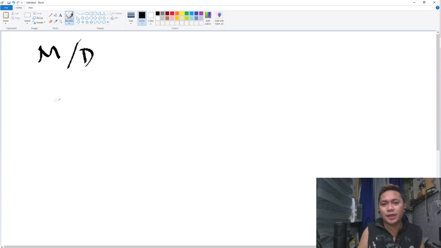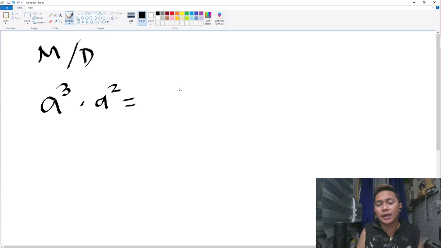Okay, so sa multiplication muna tayo. Bakit naging a to the 5th power yon? So as you can see, we have a cubed times a squared. So in multiplication of these values, we need to add only the exponent. So that will become a to the power of 3 plus 2, which is equal to a to the 5th power.